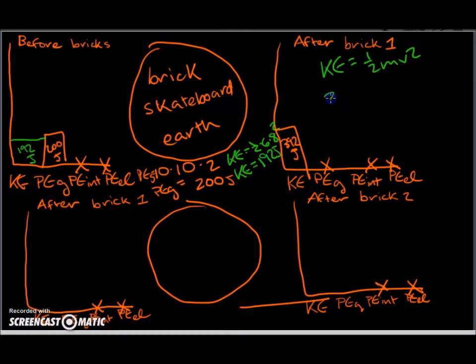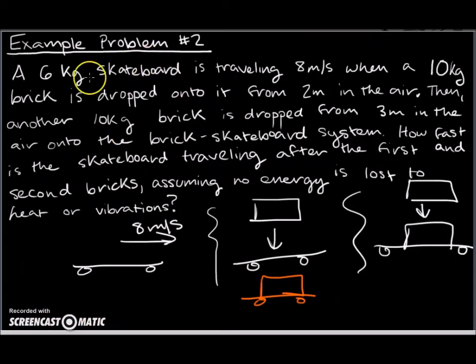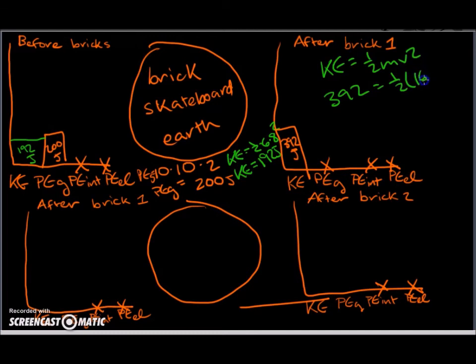So our kinetic energy of 392 joules is equal to 1/2 times the mass of the brick plus the skateboard, which is 6 plus 10, which is 16 kilograms, times the velocity squared. So 49 is equal to our velocity squared. So 7 meters per second is our velocity after the first brick is dropped.